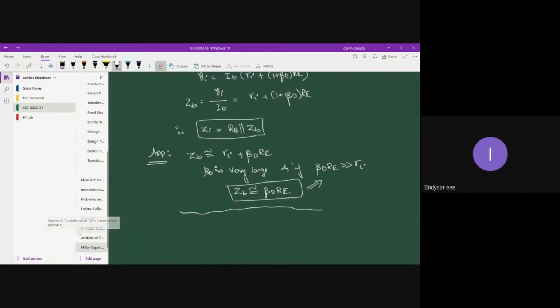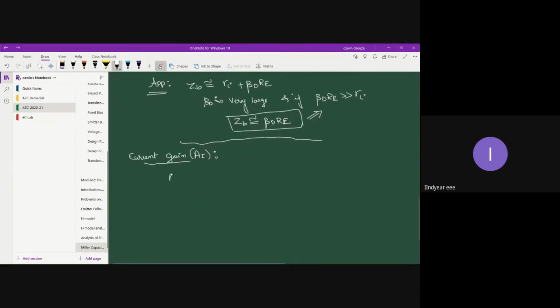Next let me take up the current gain AI. Current gain AI is equal to output current to the input current.